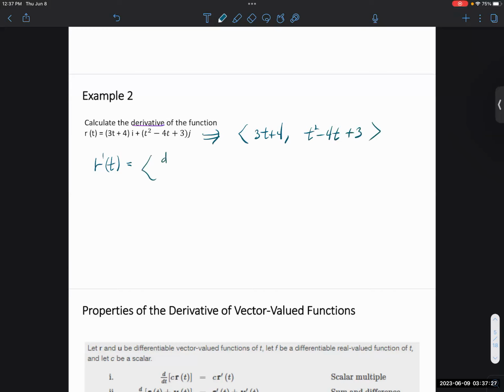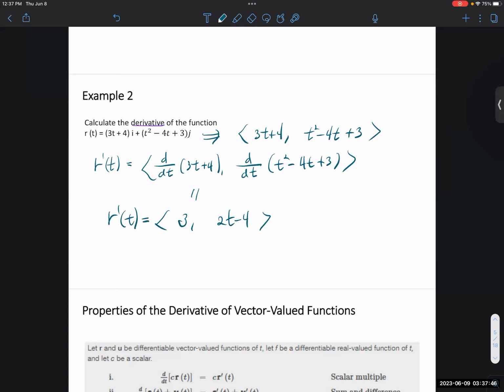So you're going to do d over dt one more time. It's the same thing we just practiced. d over dt of 3t plus 4 is 3. And d over dt of t second minus 4t plus 3 is 2t minus 4. This is the r prime.